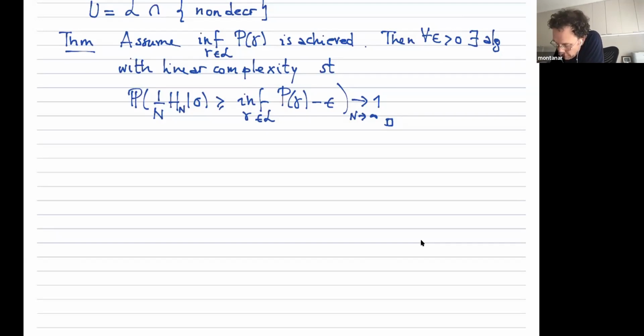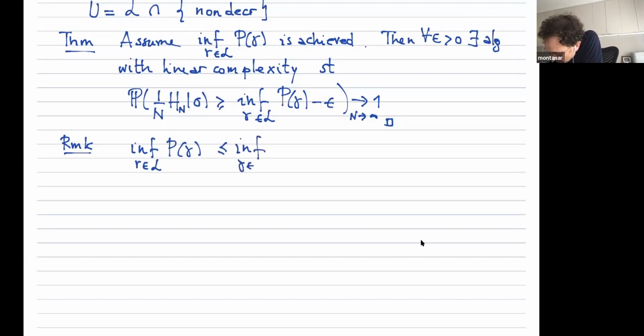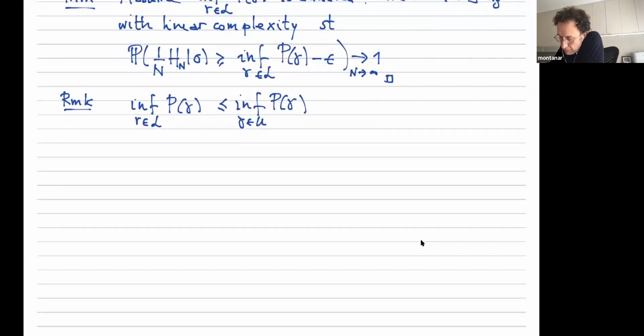So of course, things are in the right order, so inf is less or equal. And by the way, this always gives you a way to prove an independent lower bound on the value of the optimum.